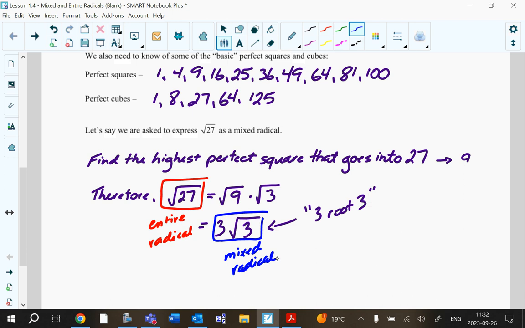It's got a 3 times a root 3. So what we did is we simplified from an entire radical to a mixed radical. To simplify these things, you find the highest perfect square, break it down, and simplify. Don't worry, we're going to do more examples.